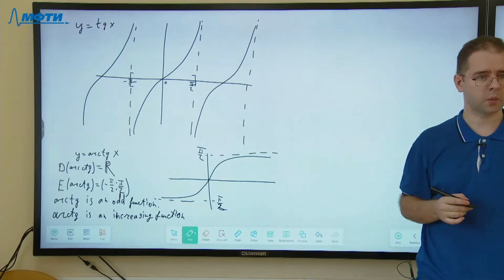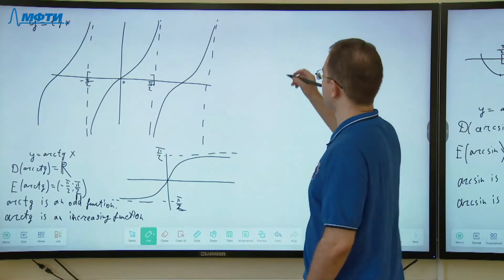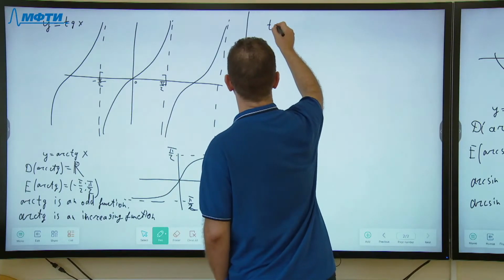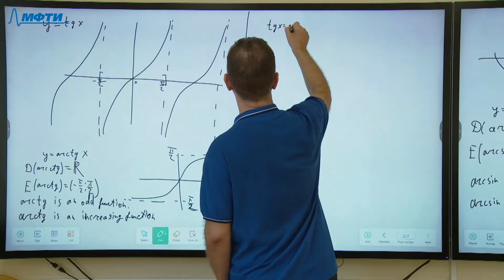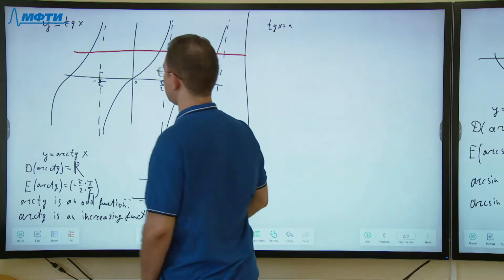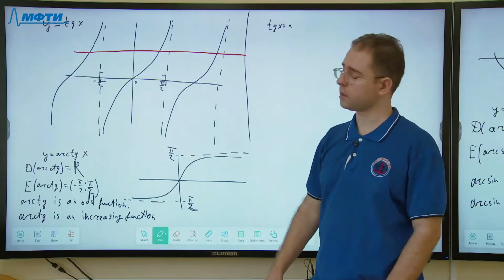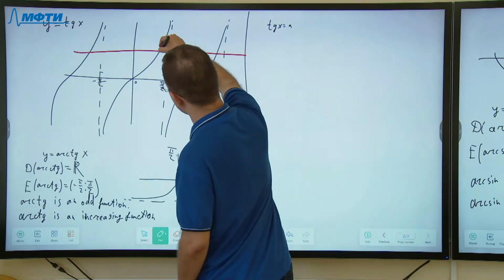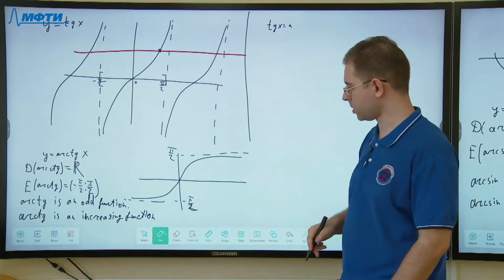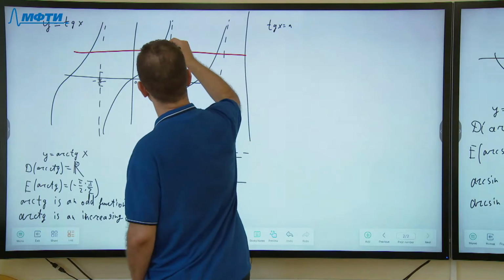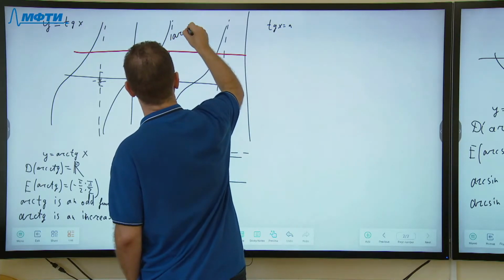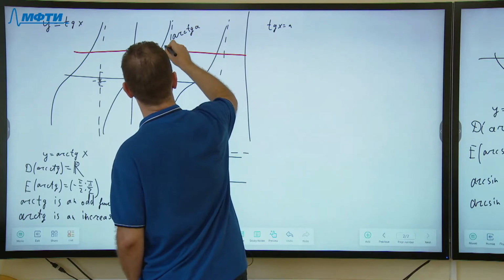And once again, we can solve an equation tangent x equals a by drawing over here the line y equals a. We have one intersection on the interval from minus pi by 2 to pi by 2. This intersection is the arctangent a here.